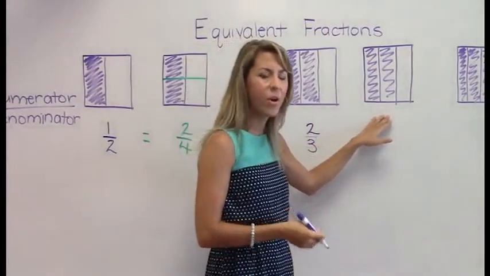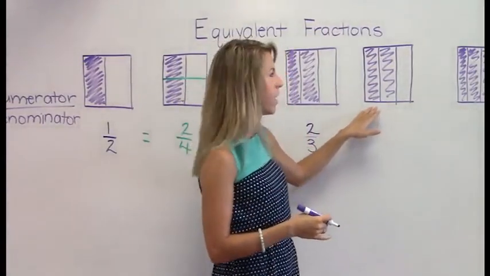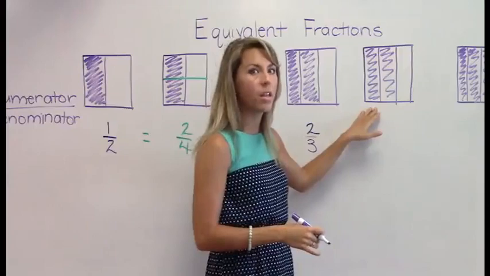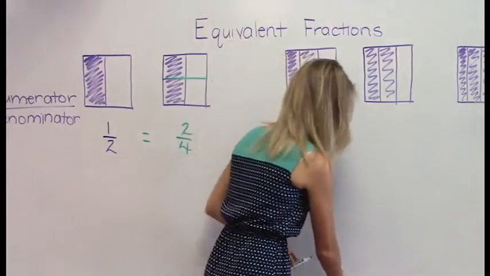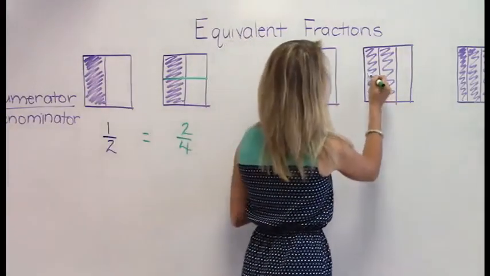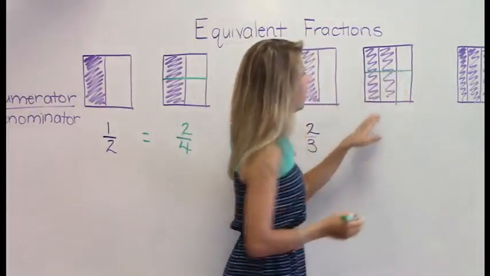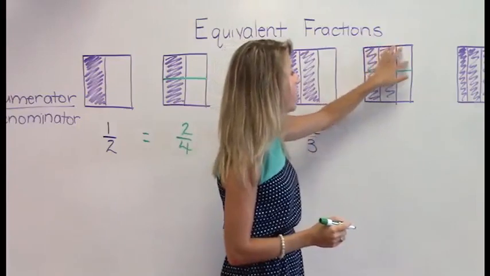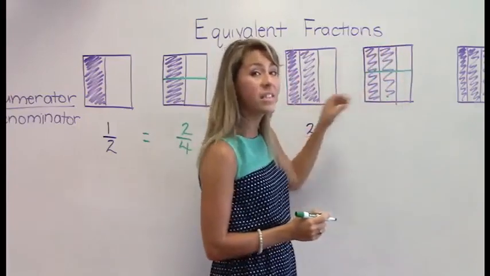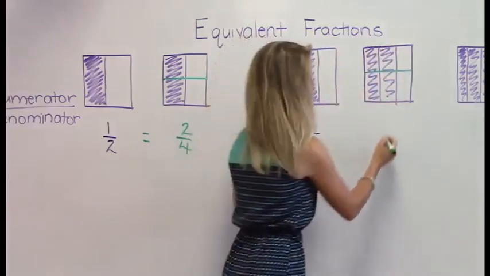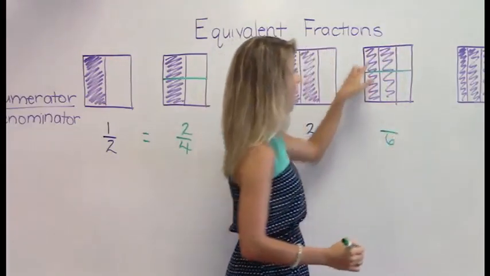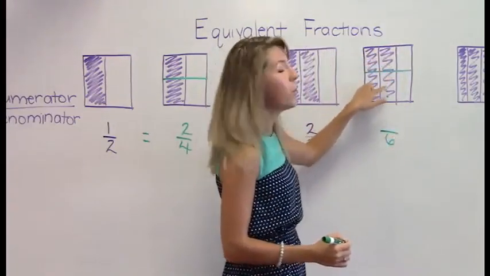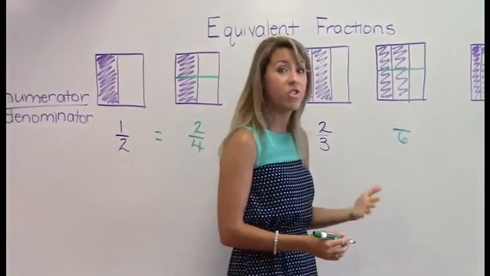But since I am looking for a new fraction, I'm going to cut this area model a little bit differently. By cutting it like this, I now have 1, 2, 3, 4, 5, 6 equal-sized parts. And 1, 2, 3, 4 of those equal-sized parts have been shaded.